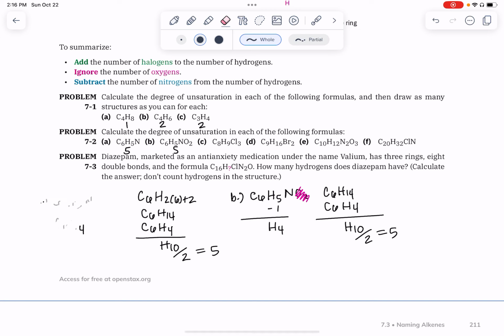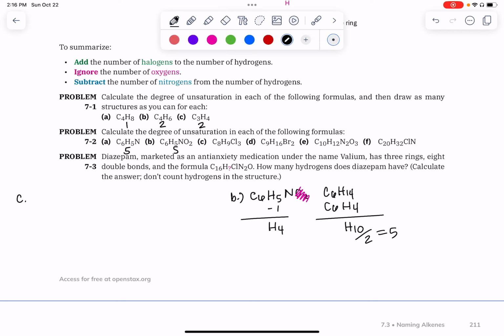Okay, moving back over here, we've got C. C has a couple halogens. Remember that we add the halogens to our hydrogens, so we have C8H9 chlorine 3. So we're going to add 3 to the hydrogen. That gives us C8H12Cl3, which we're going to just take the Cl off.